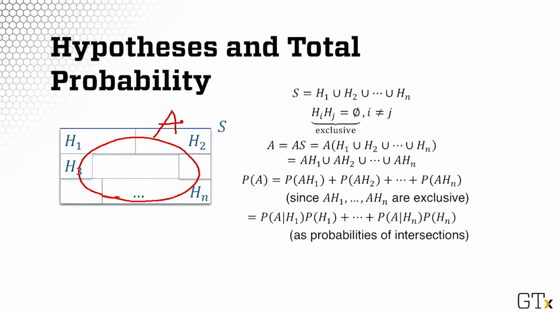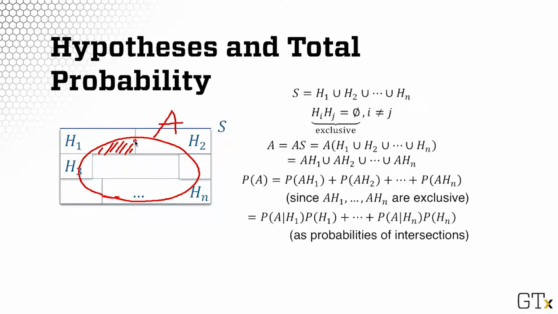So we get A intersected with H1 union H2 union up to Hn. Simply, that can be represented as the union of these intersections: A with H1, A with H2, and so on up to A with Hn.